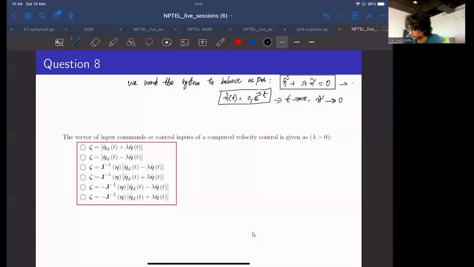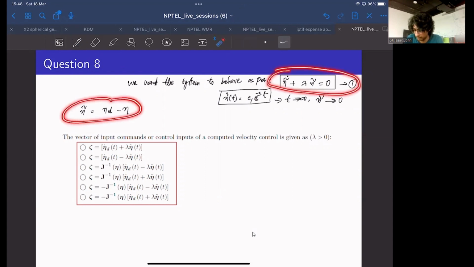So again, going back to this differential equation, what is this eta tilde? Eta tilde is eta desired minus eta. That is the difference between the desired trajectory and the actual trajectory. Right. So I'm rewriting equation 1 as follows, substituting this relation.